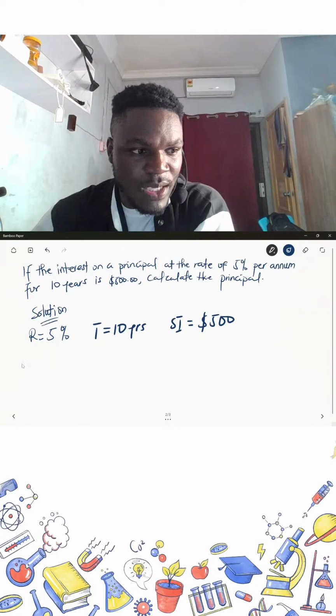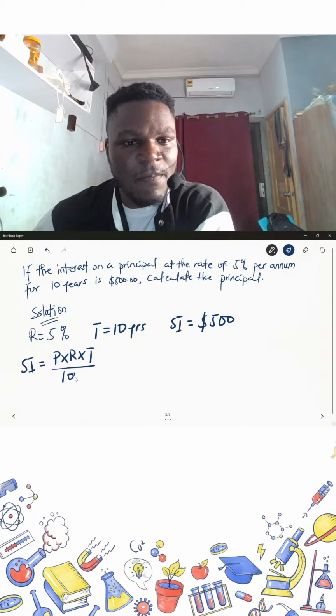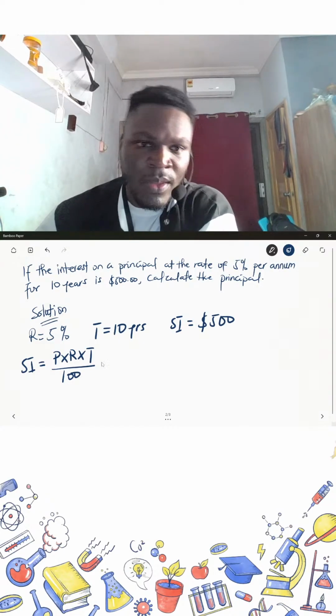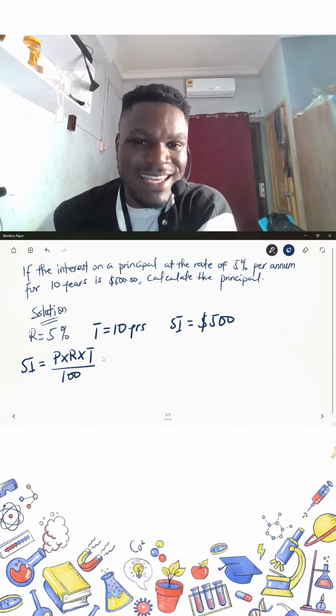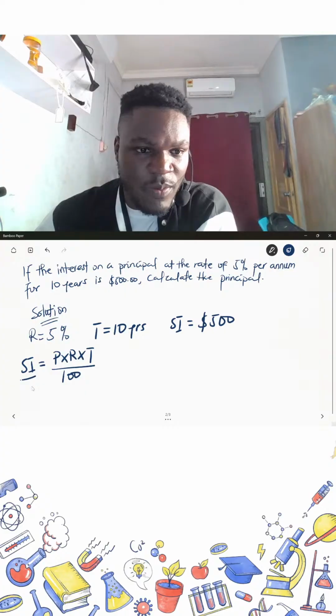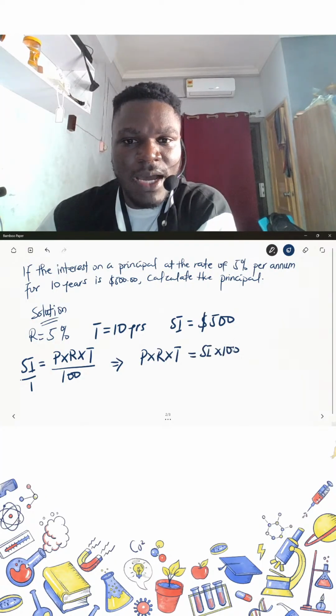Like we already know, simple interest is equal to the principal multiplied by the rate multiplied by the time, all over 100. In this case, we have been given everything apart from the principal. If we make the principal the subject, we cross multiply, and we get principal multiplied by rate multiplied by time is equal to simple interest multiplied by 100.